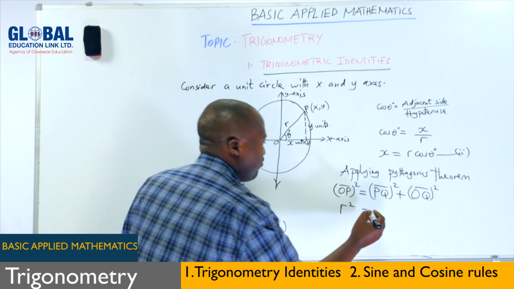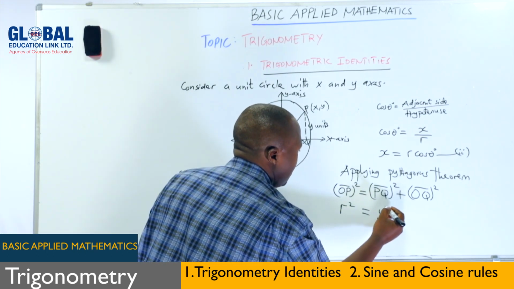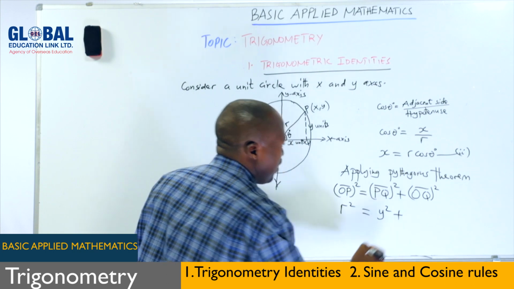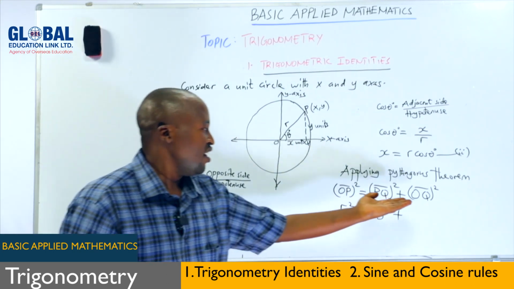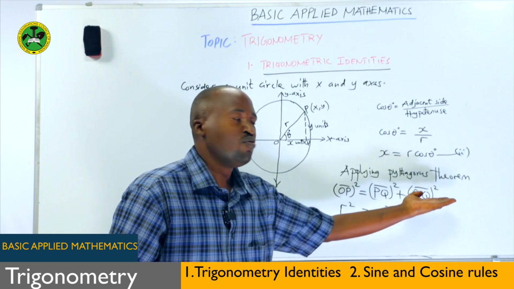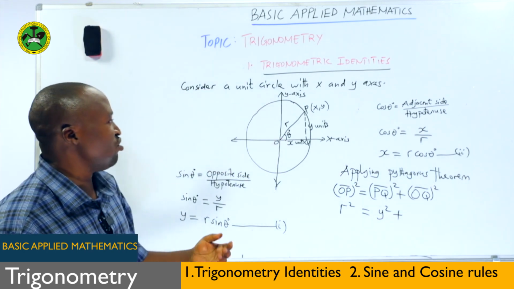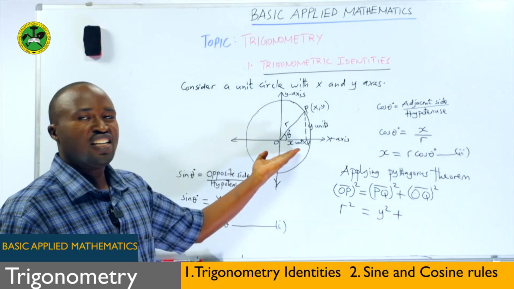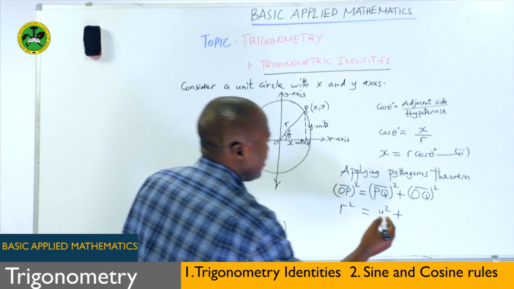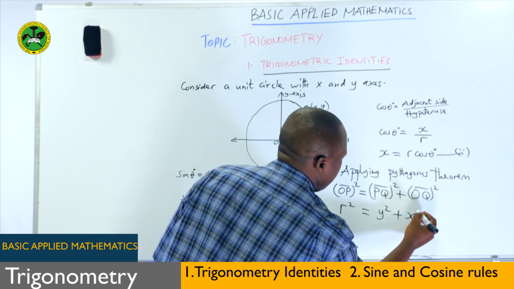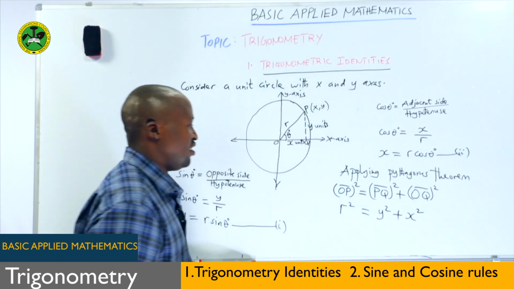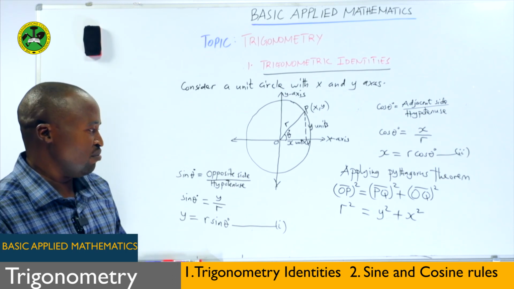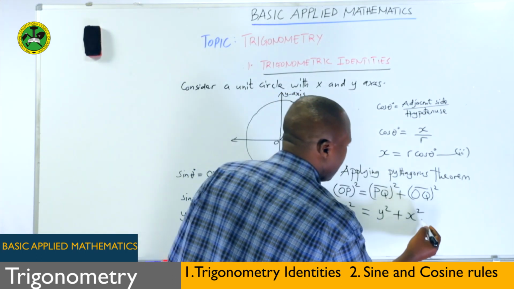So here we have y squared. Again, plus OQ squared. What is OQ? OQ is x. That is x squared. That is the Pythagoras theorem. Now call this equation 3.